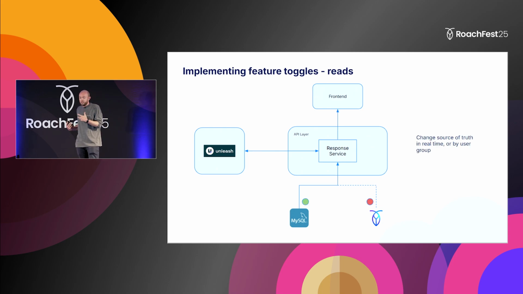For the read side of things, we basically had the same setup. The response service is constantly polling Unleash to see what the state of the feature toggle is, and we have both of our data sources, both MySQL and Cockroach, being read from in parallel. What was great about this is it meant that we didn't have to do a code deployment in order to change which one of those was the source of truth.